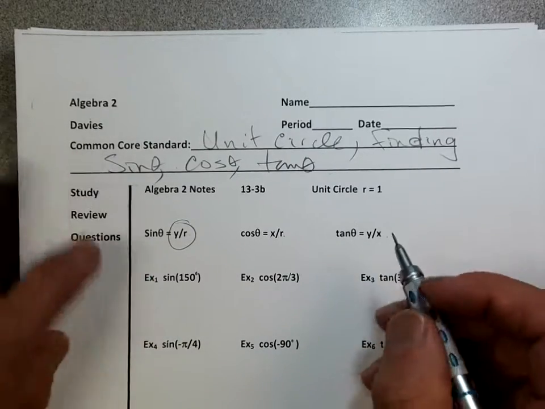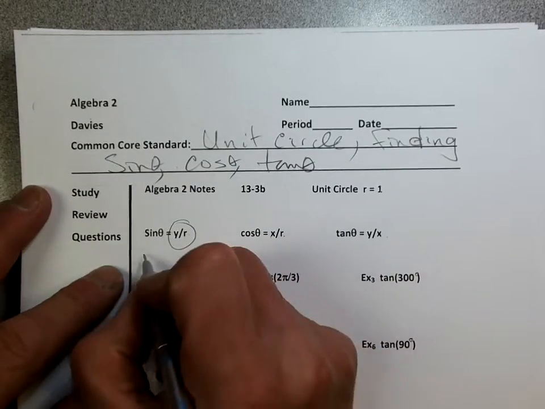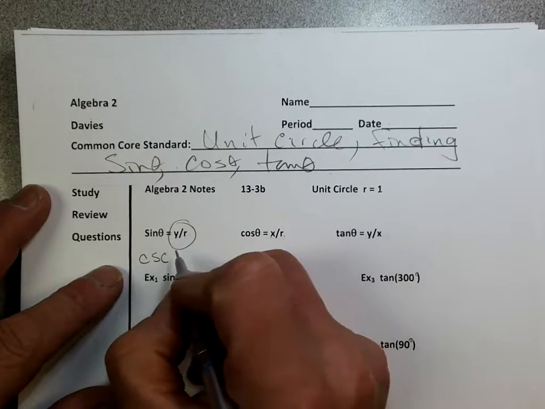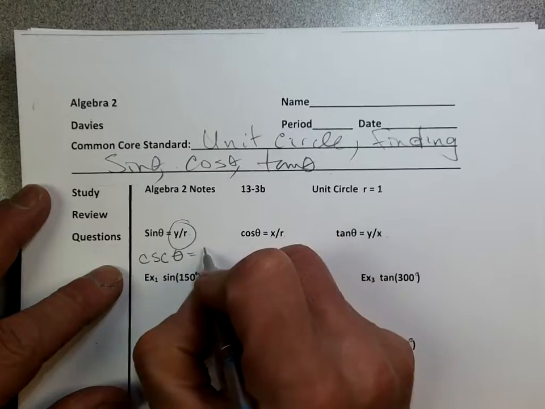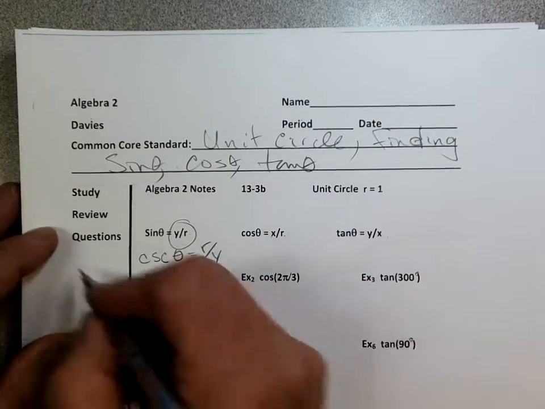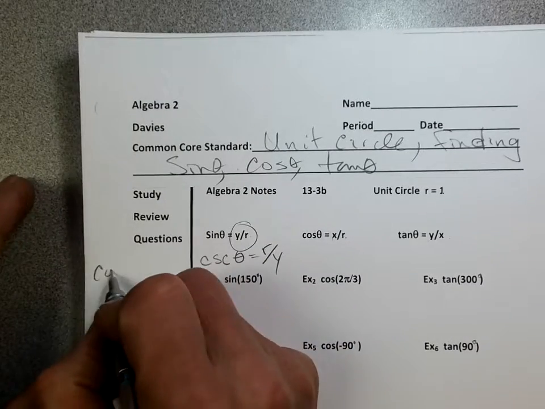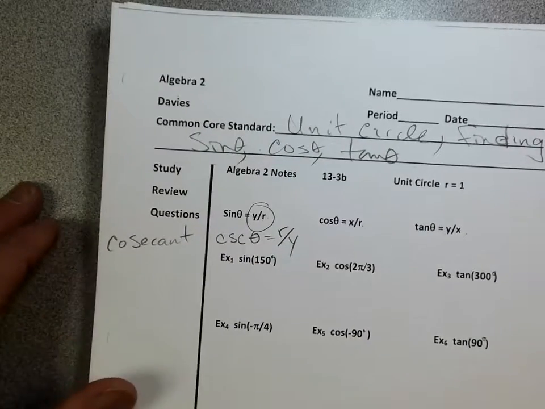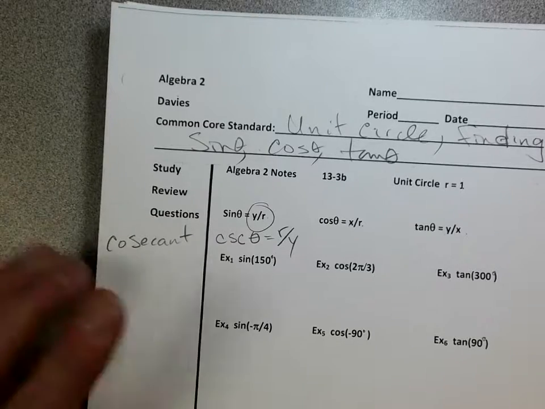Now there's a few others I want to add. I want you to write this, CSC, that's cosecant of theta is equal to r over y. It's just the upside down. Now, cosecant is spelled like this. Cosecant. No, it's not on your calculator, okay?